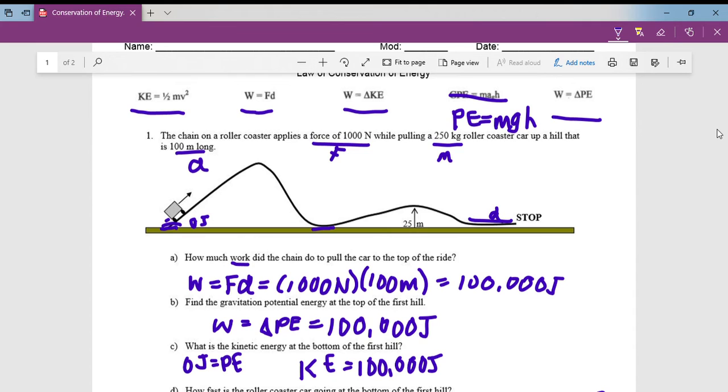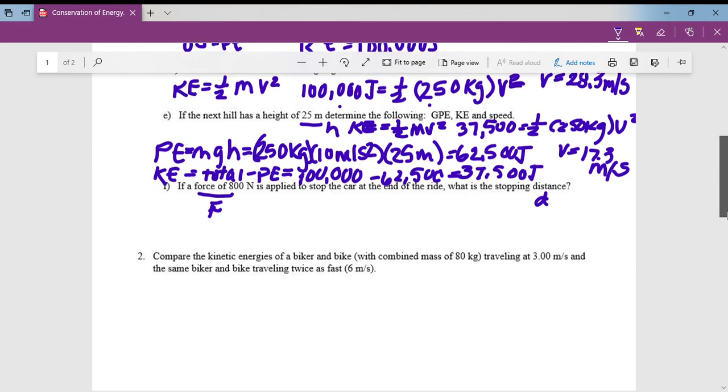Okay, so let's look at what's going on. To come to a stop, our work equals force times distance. Our work is just our total amount of joules that it's approaching the bottom of that hill with, which is 100,000 joules.